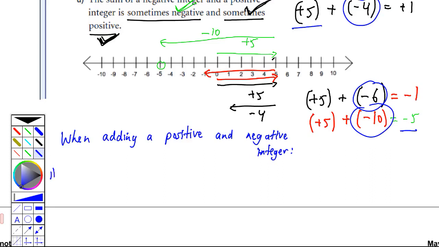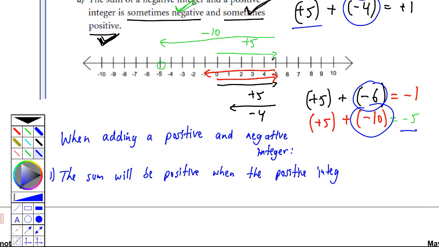One, the sum, that means the answer in this case, will be positive when the positive integer is larger than the negative integer.